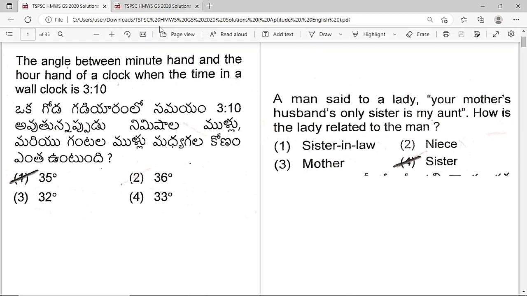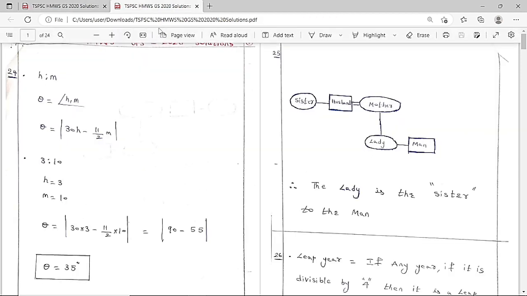So let's solve this numerically. Let me repeat the question so that you can easily understand. A man said to a lady, suppose this is a man. Man means always you have to use the rectangle symbol. Female means always you have to use the circle.